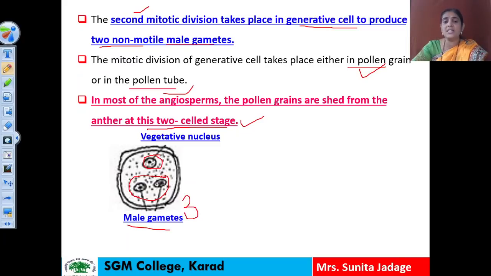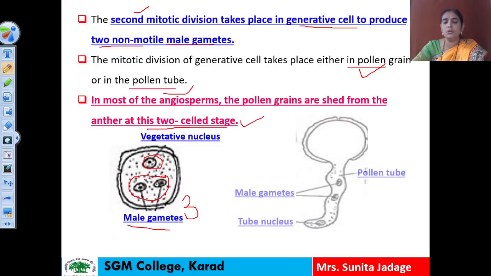In some plants, the three-celled stage pollen grains are liberated during pollination, but in some plants two-celled stage pollen grains are liberated, and on the stigma the pollen grains germinate and the pollen tube is formed, and in that pollen tube we see the formation of two male gametes.